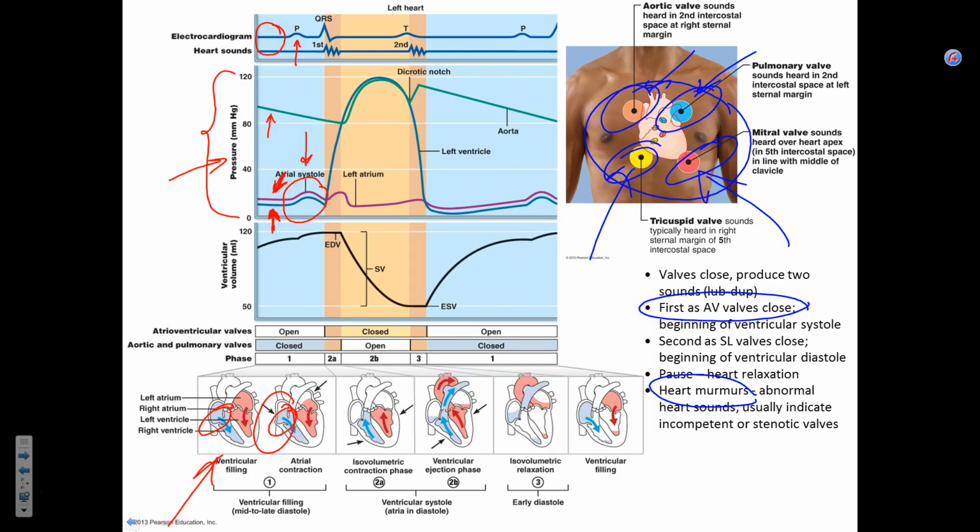closes the valve. Now this right here is the valve closure. And you see that valve closure, and the moment when pressure in the ventricle becomes higher than the pressure in the atrium, that moment matches QRS complex. What happens during QRS complex? Two things.